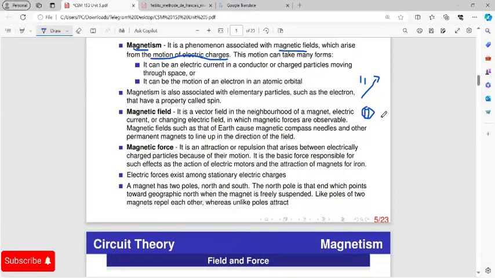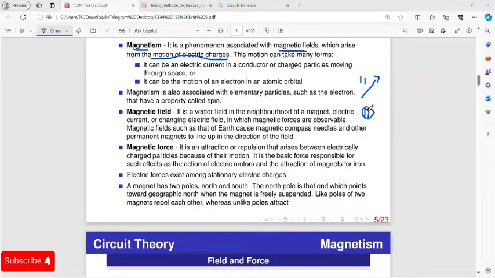So magnetic field is the vector field around the neighborhood of a magnet in which we can feel the magnetic force, the magnitude, the power, or the strength of the magnets.